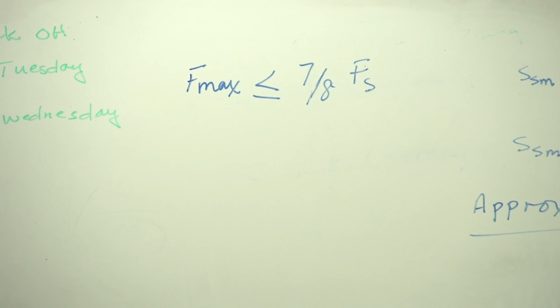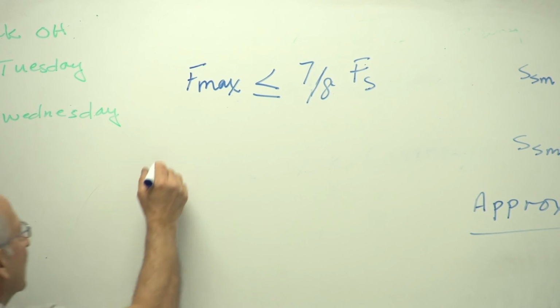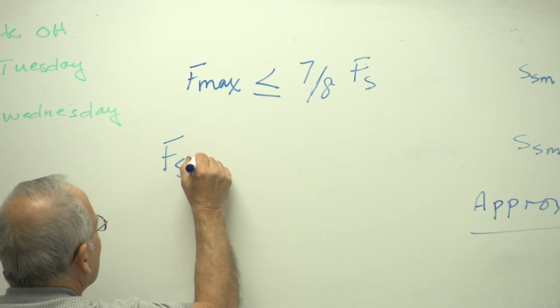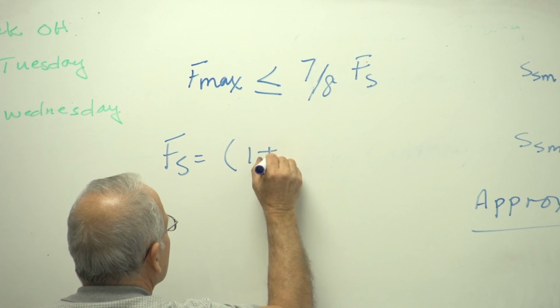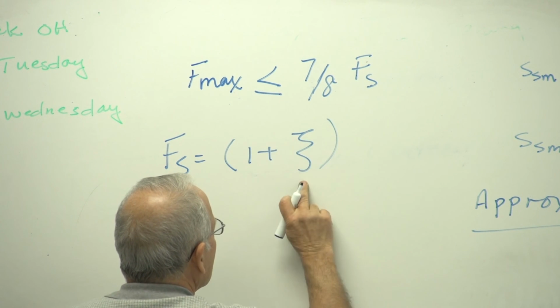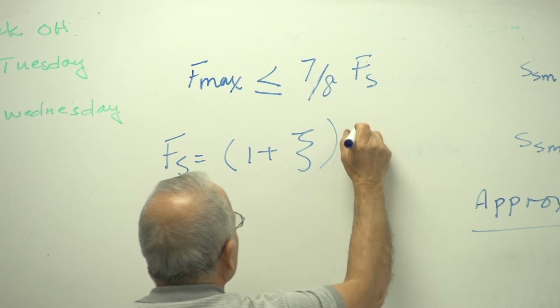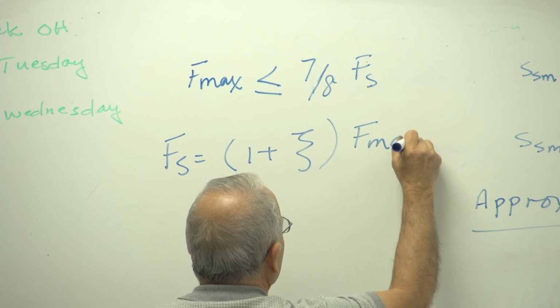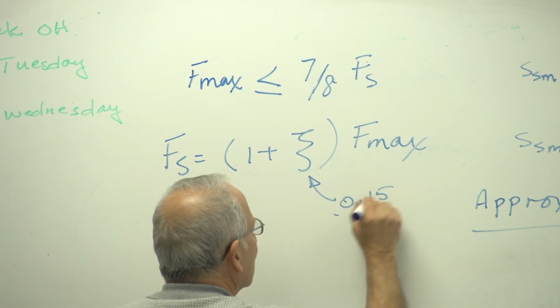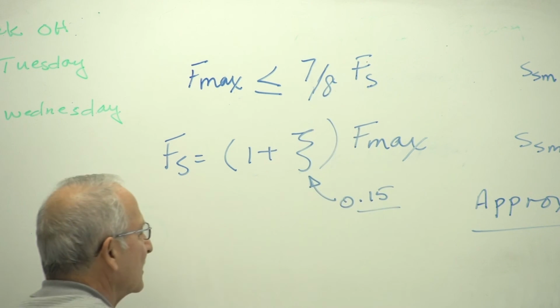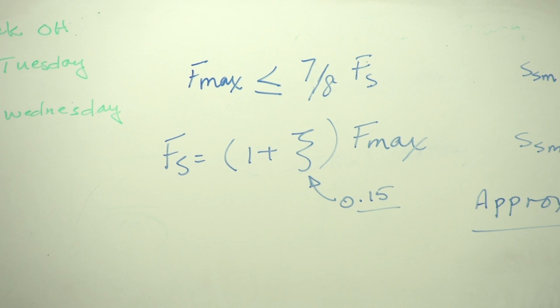Written differently, you can actually solve this equation. This is the way it will come out. And this is the symbol C that is used in your book. And they say to take this approximately equal to 15%, which is actually the same thing that you have there.